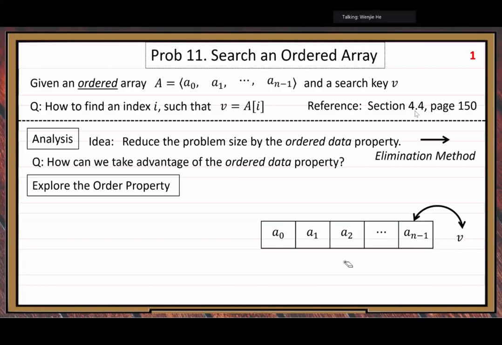So here, let's assume V must be equal to one of the values of the elements in a given array. So in this way, we can do the main processing work. Let's do our first comparison. The first comparison is the most important, because we need to find the right direction to go. We don't want to go in a random direction.